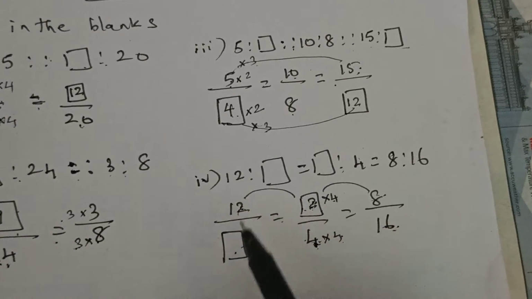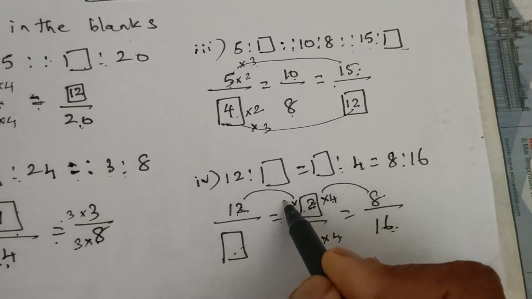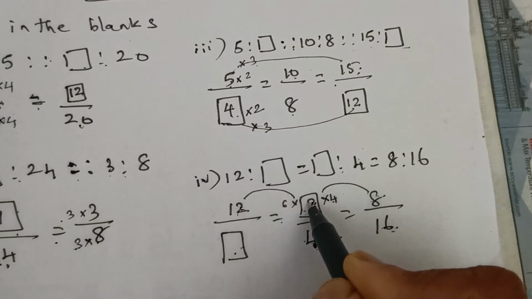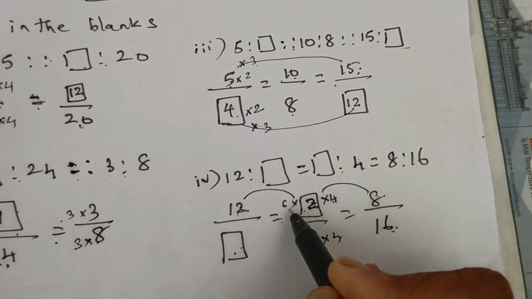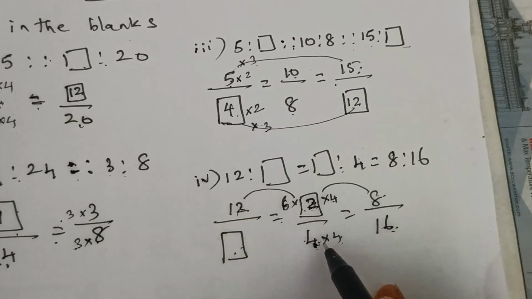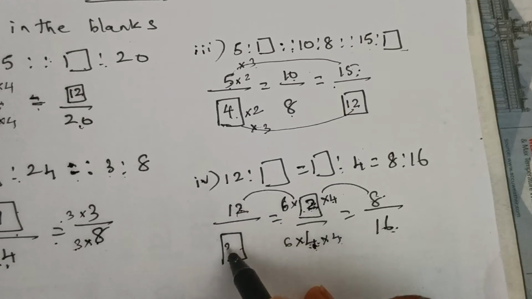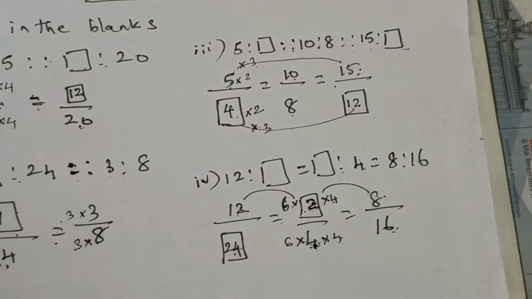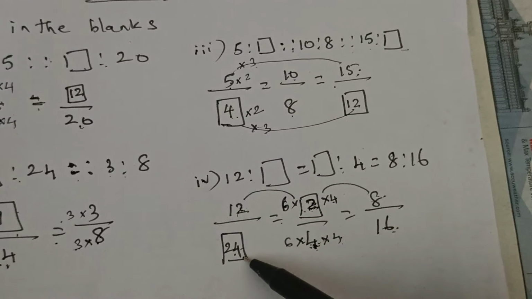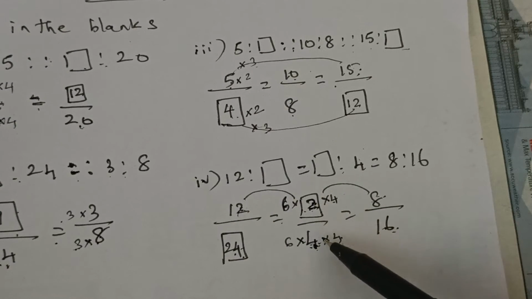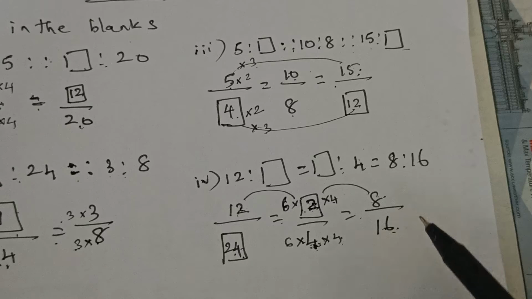Tell 2 tables till you get 12. Yes, it is 2 6s are 12. So numerator 2 is multiplied by 6. So multiply the denominator also by 6. 4 6s are 24. So which are in proportion now? 12 by 24 equal to 2 by 4 equal to 8 by 16.